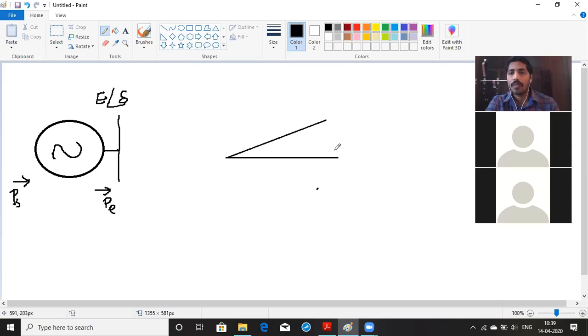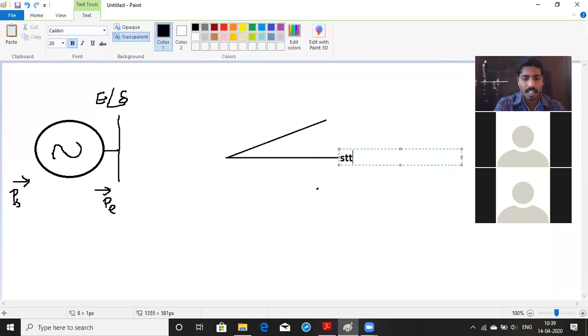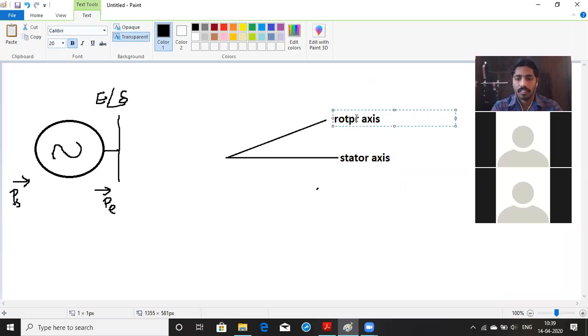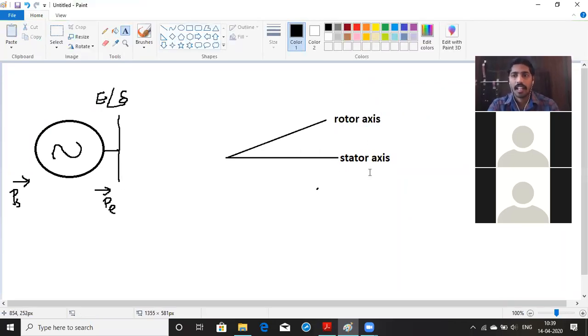If you have knowledge of synchronous machines, you know this is the stator axis and this is the rotor axis.